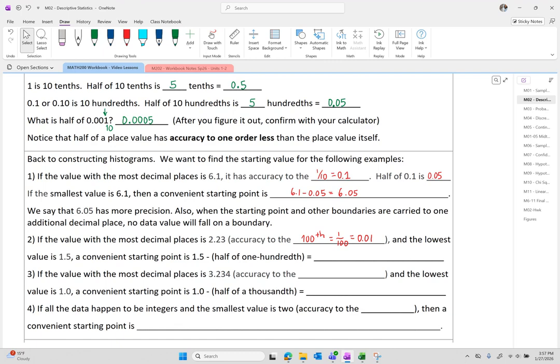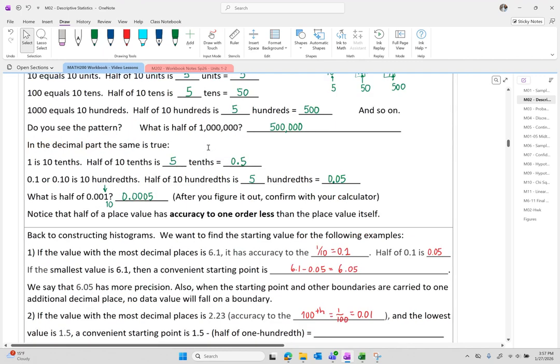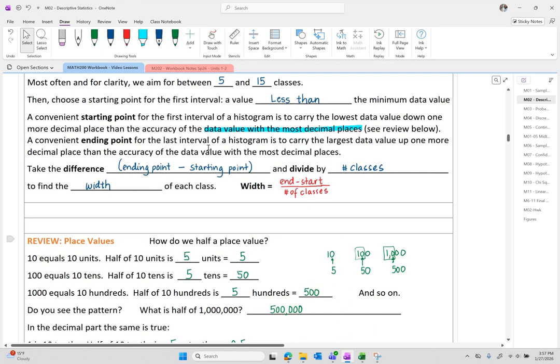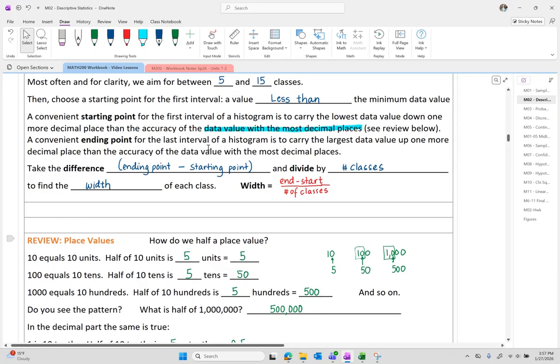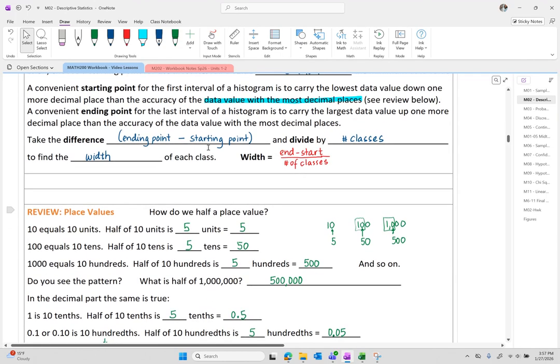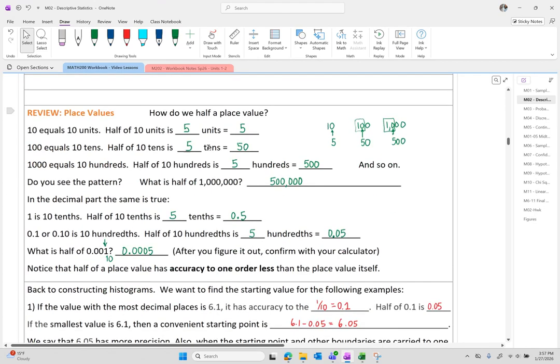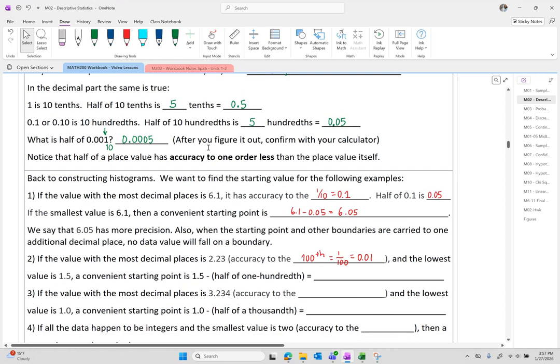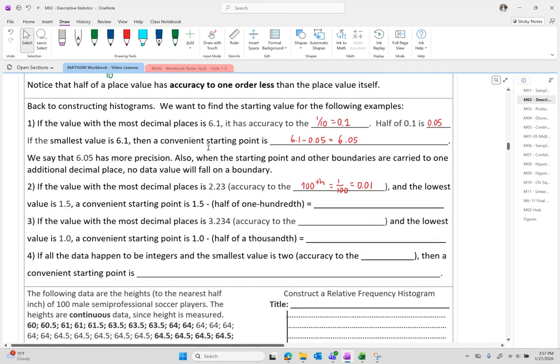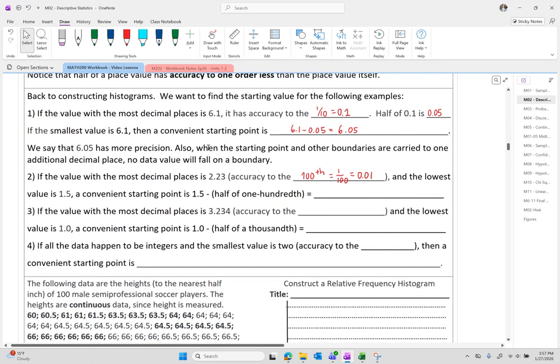That's how we will find the starting point that is smaller than our minimum value and the ending point that is larger than our largest value. And it also cannot be one of our data values. So we want to go in accuracy further than what our data is, so that we know that we will never hit a data value that we have.